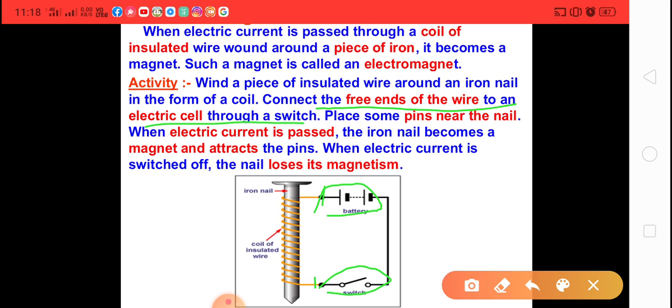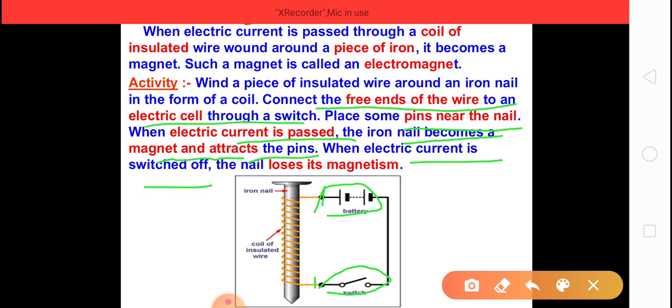Now place some pins near the nail. After that, when electric current is passed, the iron nail becomes a magnet and attracts the pins. Okay, so children, when electric current is switched off, the nail loses its magnetism.